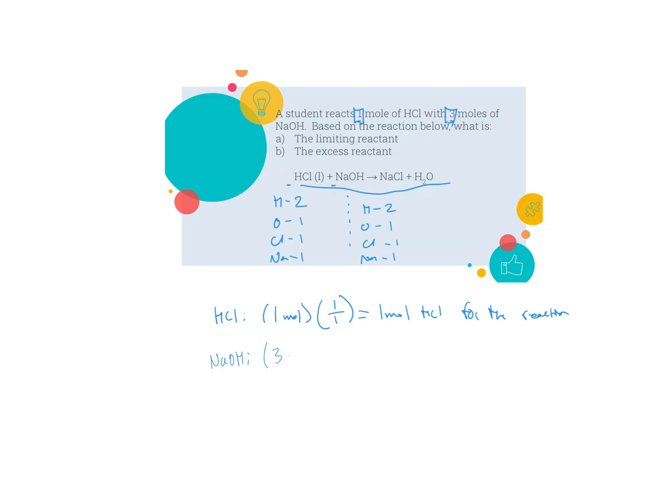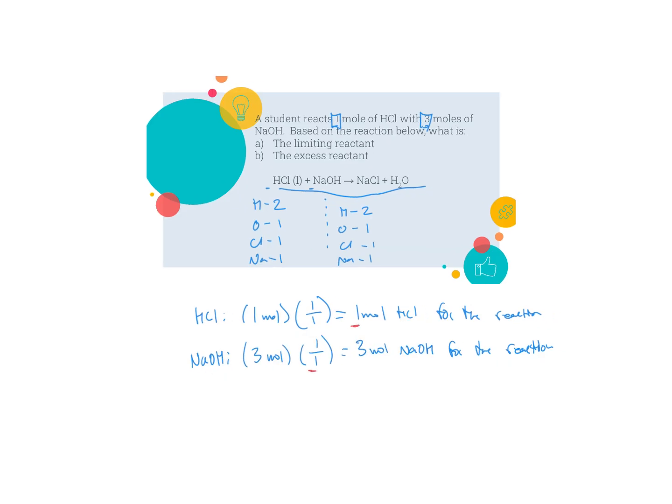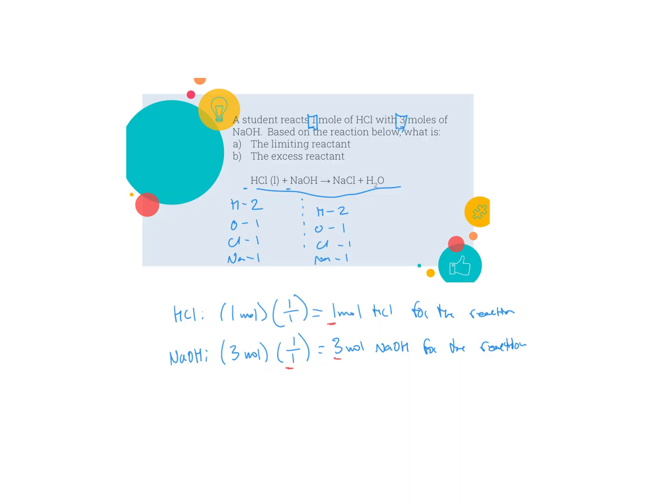We have 3 moles of NaOH for the reaction. The mole ratio is 1/1, and so for the reaction, we have 3 moles of NaOH. Because we only require 1 mole based on this mole ratio, the one that has fewer moles after this calculation should be limiting.